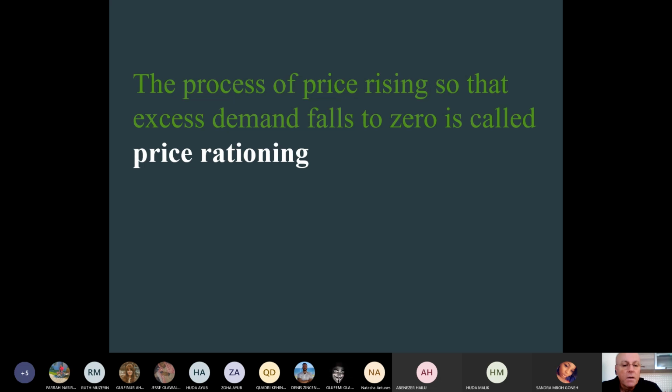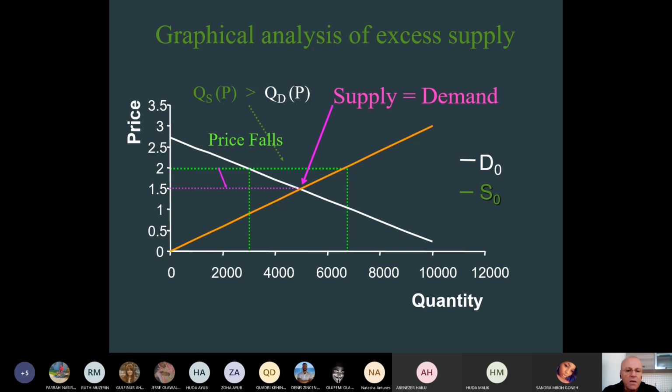Price rationing, of course, balancing the price, is becoming very important. If we look at the system where the equilibrium is realized and there is some excessive production, the price rationing is not realized here, because as you are observing now, we have some problems between supply and demand, because there is higher production and lower demand.